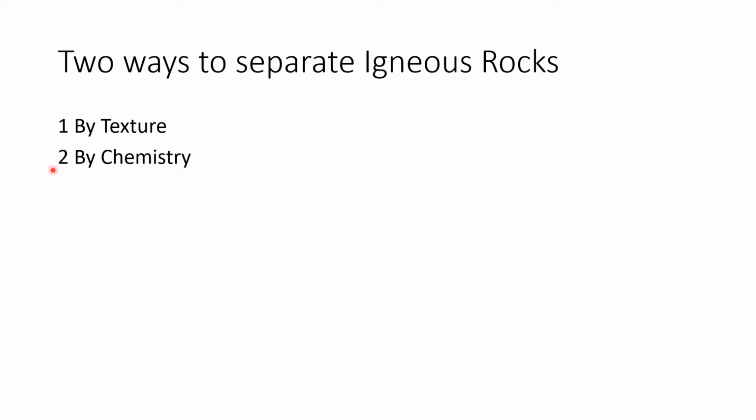It's felsic. Then we look at the texture, and so the granite, the one on the top in the previous slide, had a coarse phaneritic texture. So we're going to classify it as a granite. Same chemistry, but a fine aphanitic texture, and we'll classify it as a rhyolite. So we're going to go through that grid and the way it works for all the different chemistries.